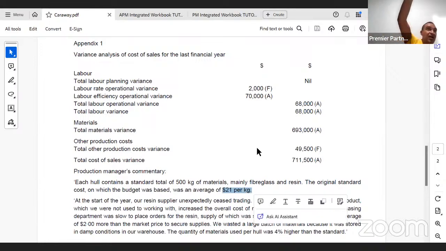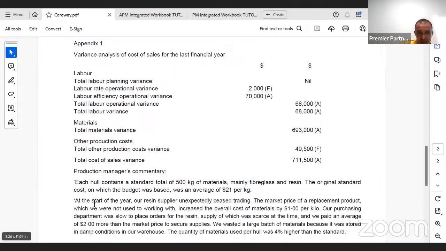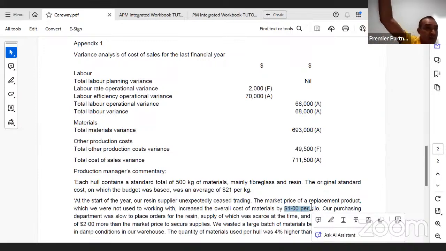That is the old standard. At the start of the year, our supplier unexpectedly ceased trading. That fellow shut down. The market price of the replacement product increased the overall cost of material by 1. That is the revised standard. The price has changed.